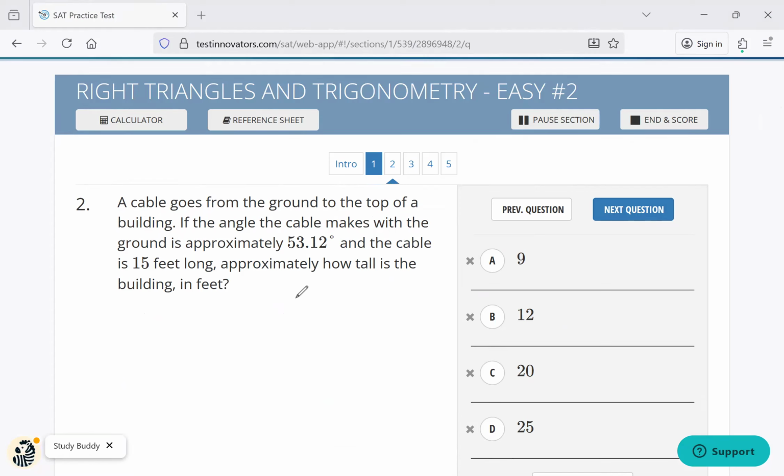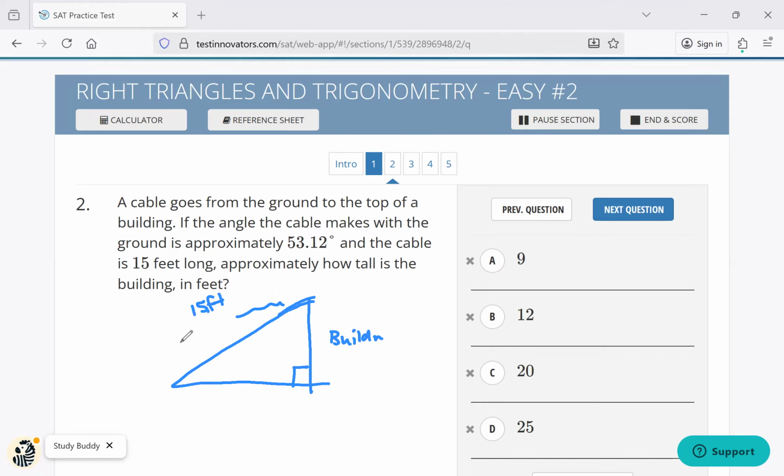So it's just a simple right triangle like this. Here's the building. The cable is 15, so this is the cable, which is 15.